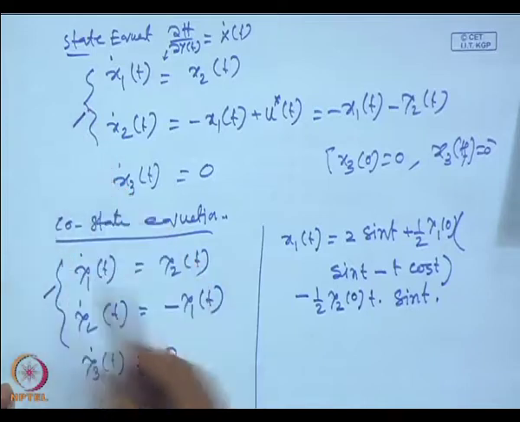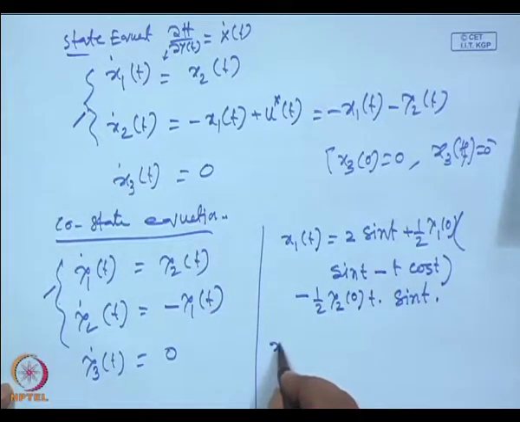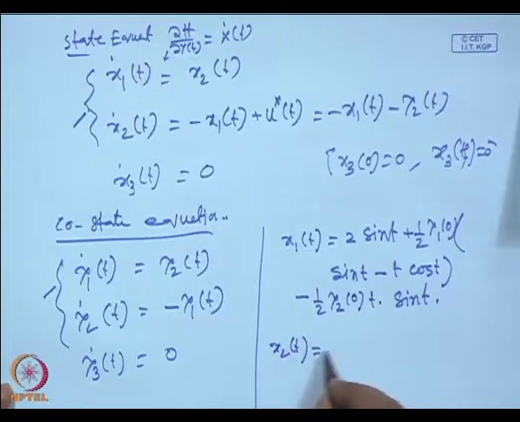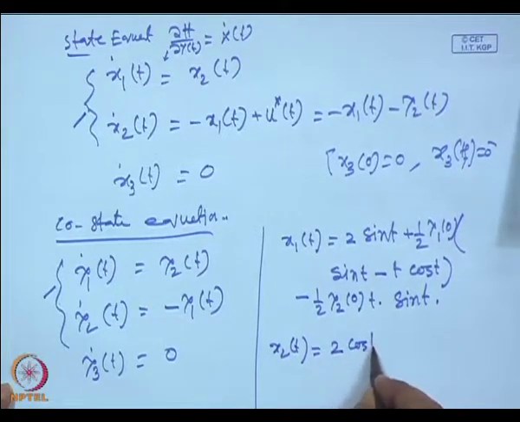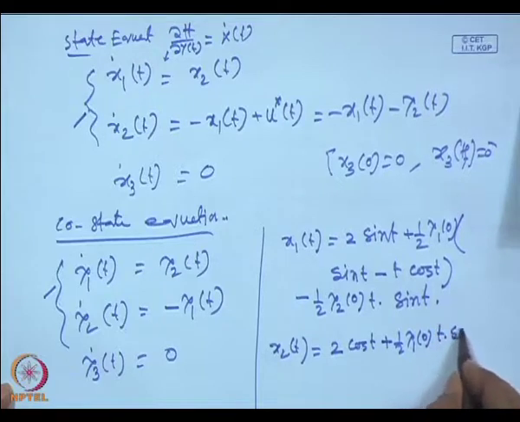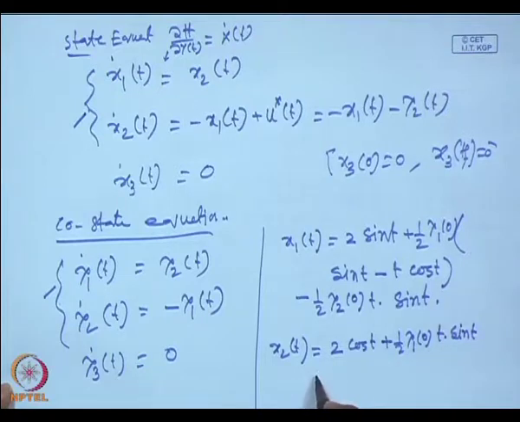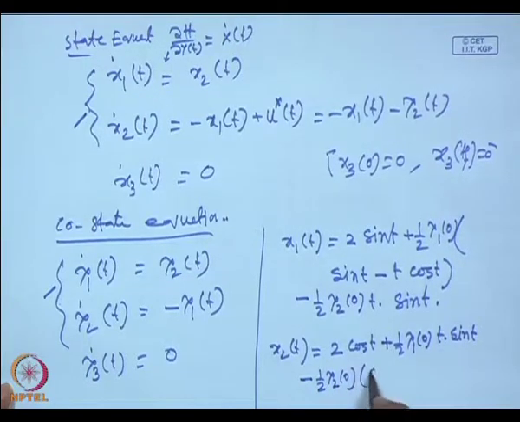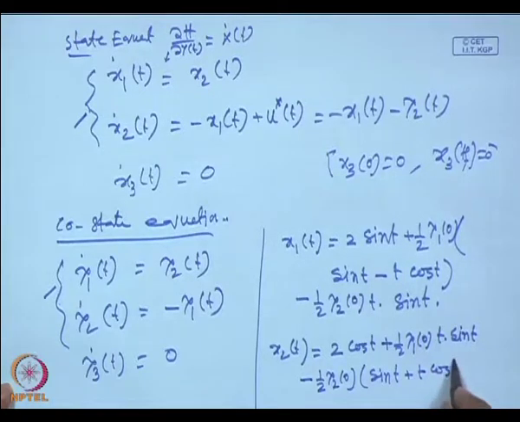Solving this and this, we will get x1 dot is this and x2 of t. Similarly, you will get 2 cos t, then half lambda 1 0 t sin t, then minus half lambda 2 0 (sin t plus t cos t).